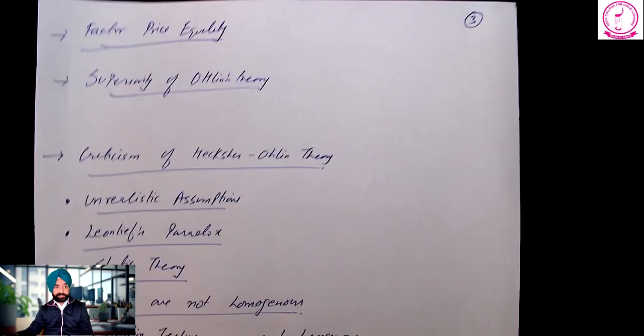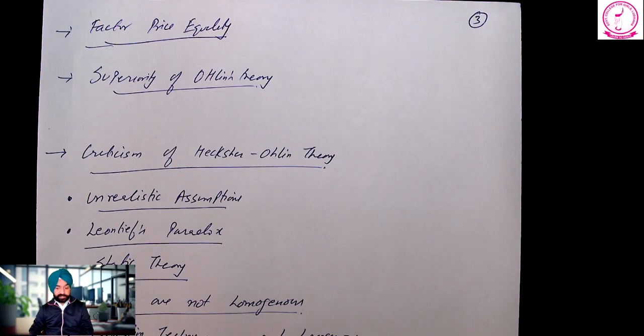Then there are some points. Here we have already discussed what the Heckscher-Ohlin theory wants to say. According to Heckscher, there is a capital abundance in Germany. We are taking the example of Germany and India. So capital is more in Germany, so Germany is producing capital intensive goods like watches, and India is producing shirts because they have abundant labor.